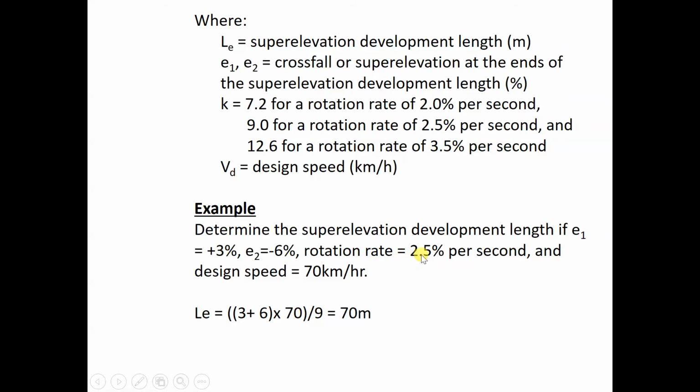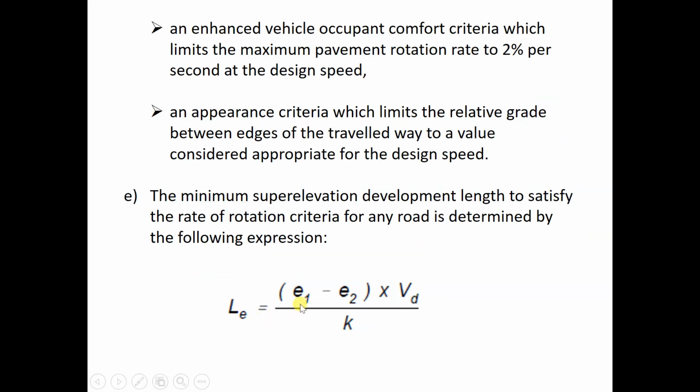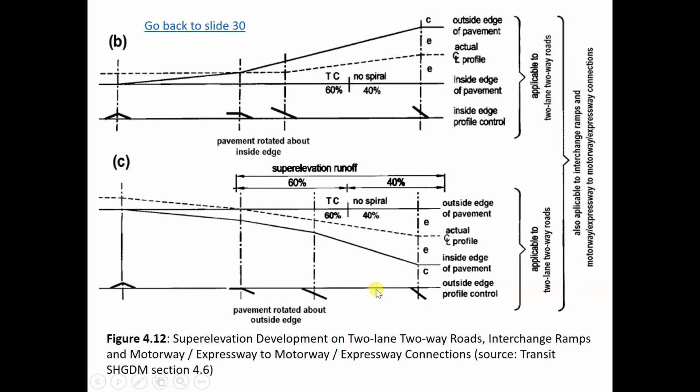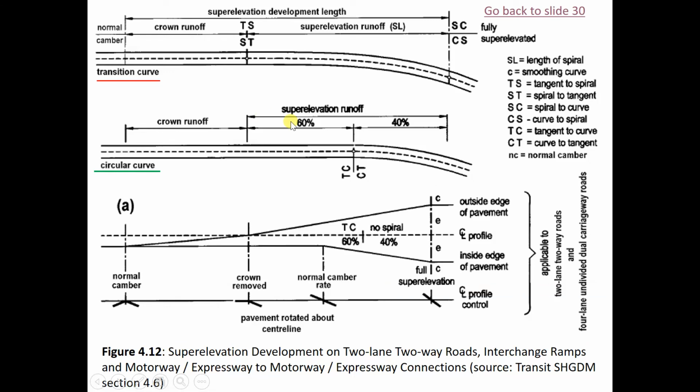Rotation rate is 2.5% per second, and design speed 70 km/h. So you just plug into the formula: 3 minus 6, because it's minus, the whole thing times 70 divided by 9, that is 70. So the super elevation length for that case, from normal camber until the full super elevation, is 70 meters.